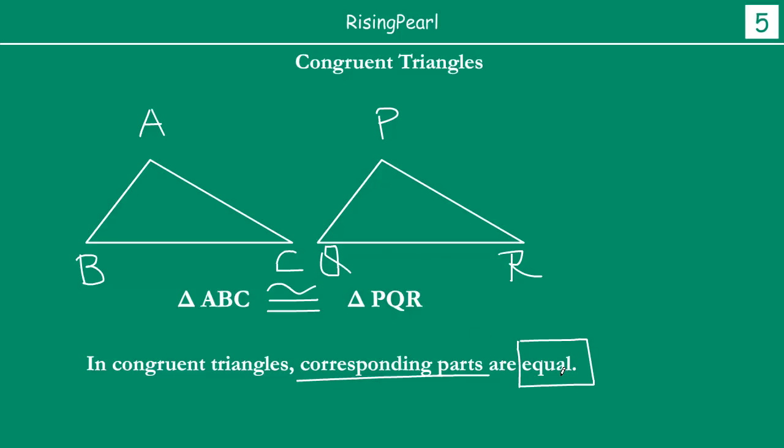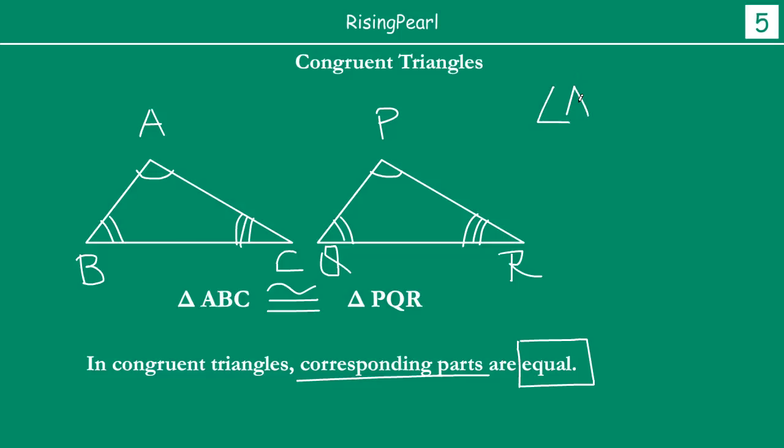What corresponding parts being equal means is that angle A must be equal to angle P. Angle B must be equal to angle Q. And angle C should be equal to angle R. So let's write it down.